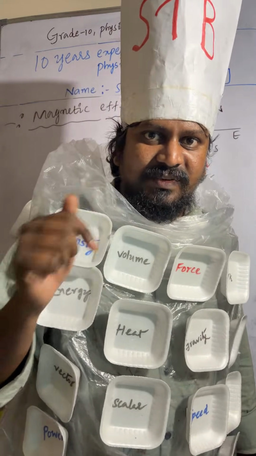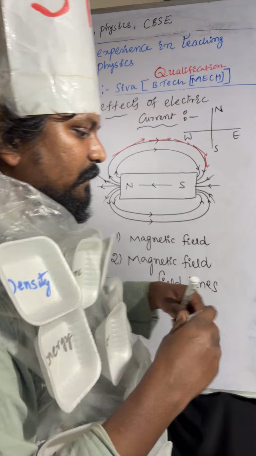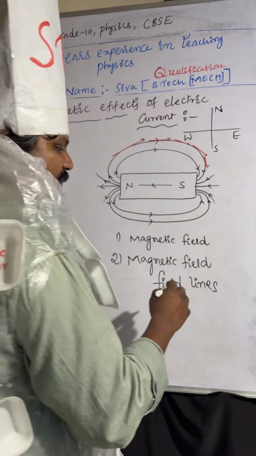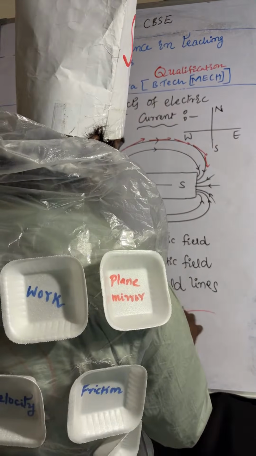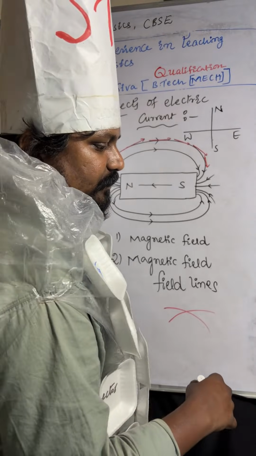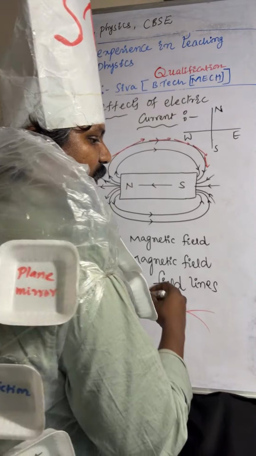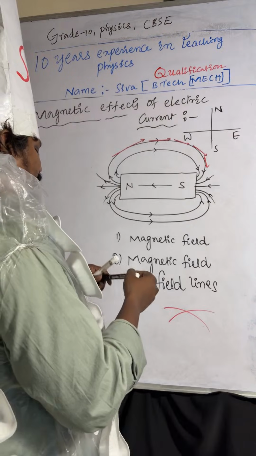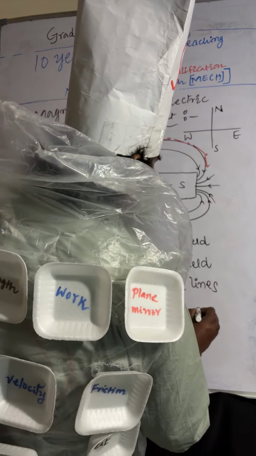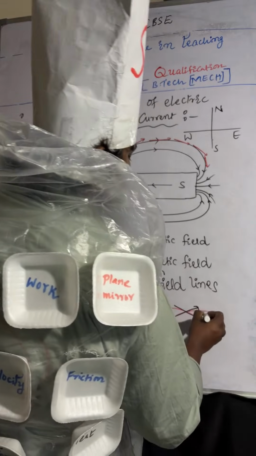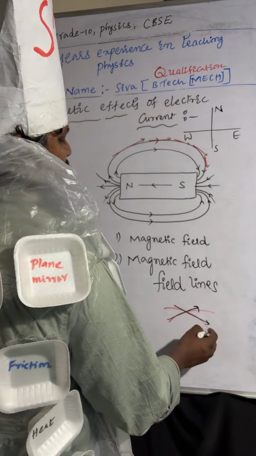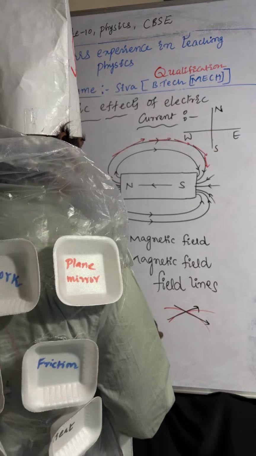So if these field lines intersect, like this, then this is a direction and this is also a direction. So the compass would have to show two directions at a time.